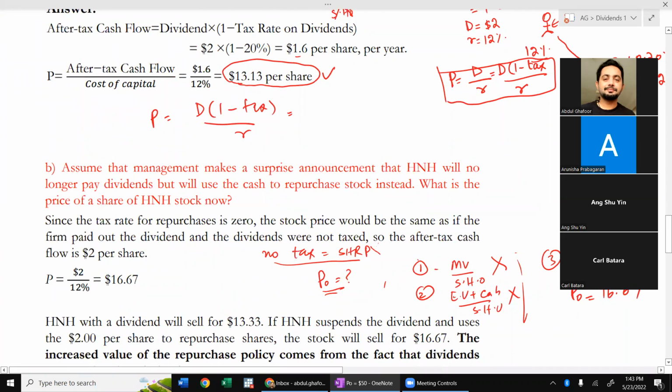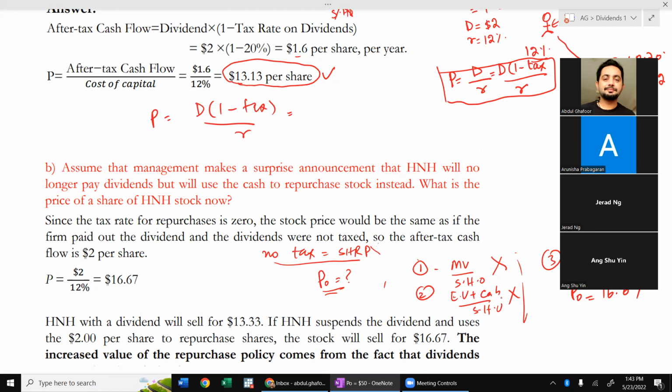Since we had no information on market value, we cannot calculate the remaining number of shares outstanding, and the question is asking for the stock price now. So this is the only formula we are left with, and we can calculate the answer through it: $2 divided by 12%.